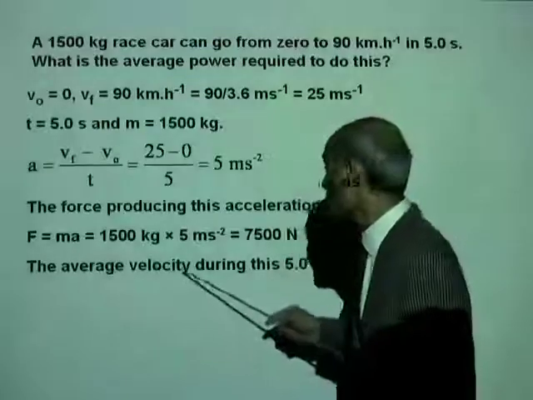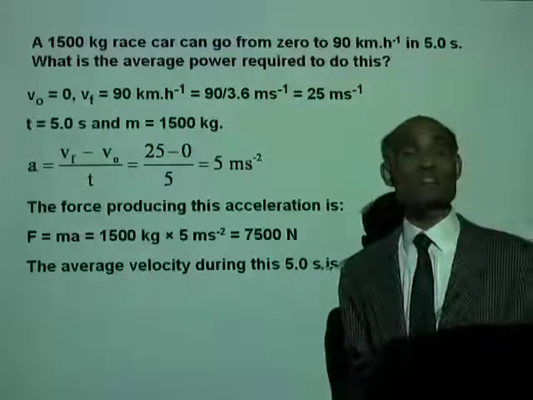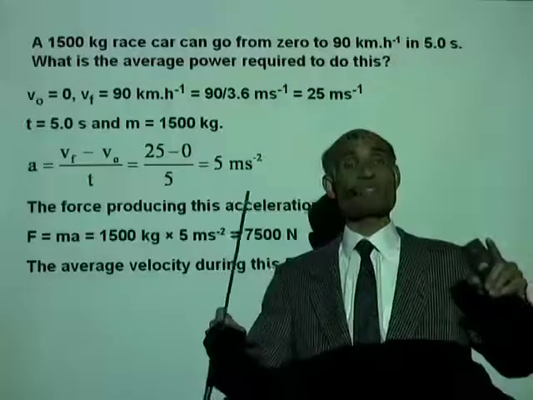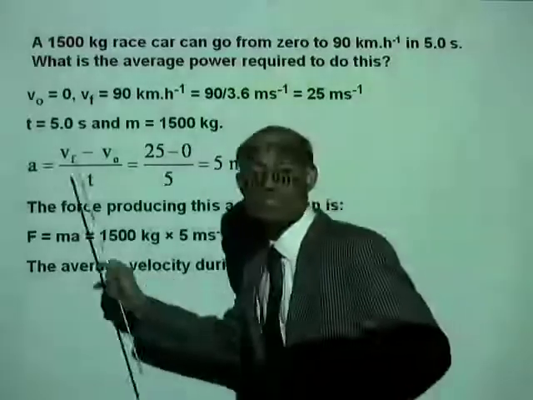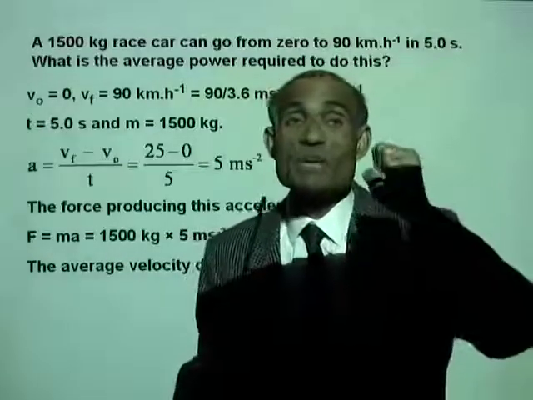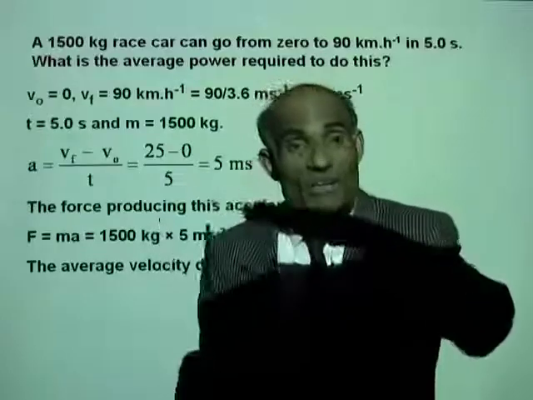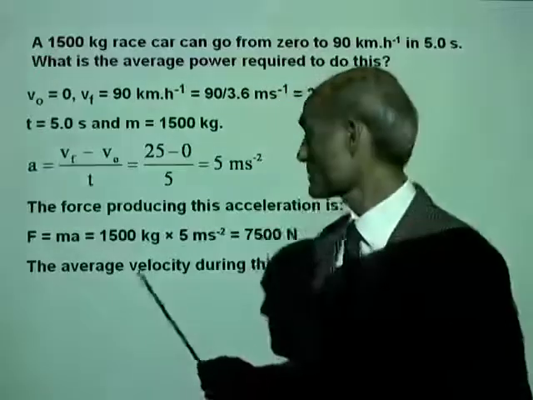The average velocity during this 5 seconds. Can you tell me what is the average velocity during this 5 seconds? Because the acceleration is a constant, the average velocity is simply initial velocity plus the final velocity divided by 2.